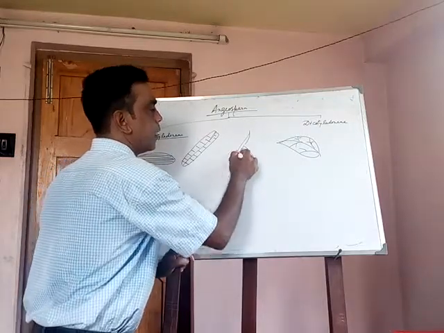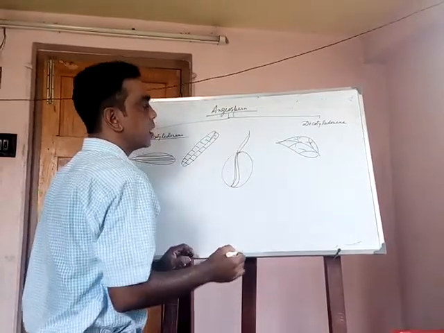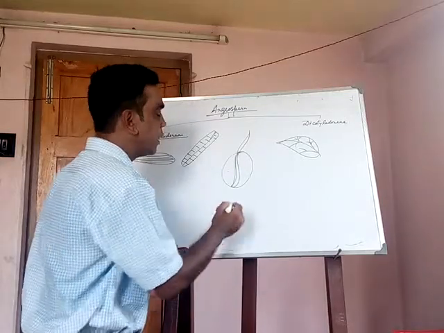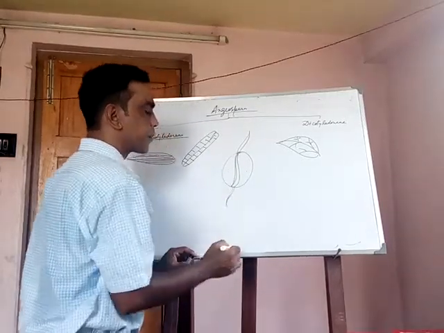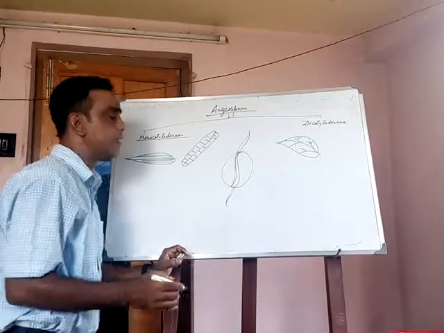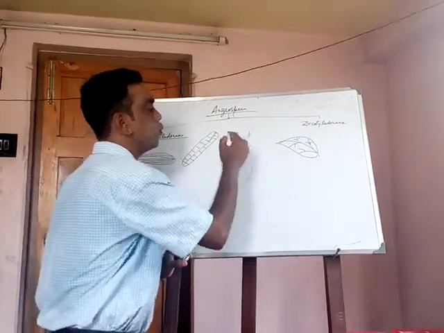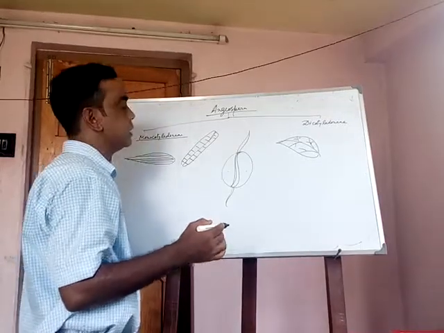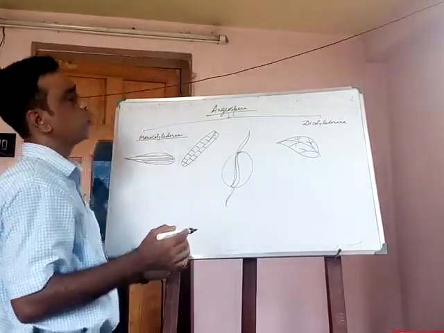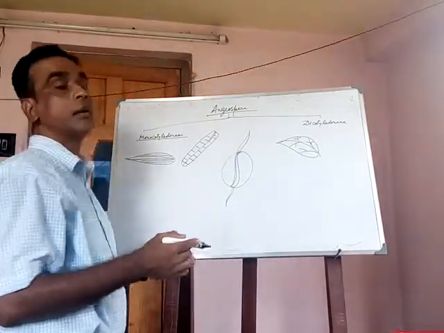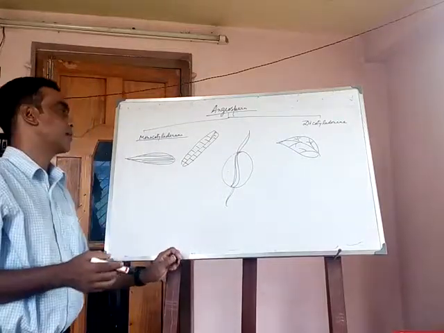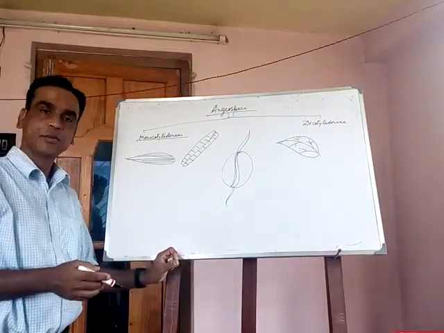The upper part produces the plumule, and the lower part forms the radicle. Radicle forms the root and plumule forms the shoot. So all of the parts of the plant kingdom I have represented here. Sure. Bye.